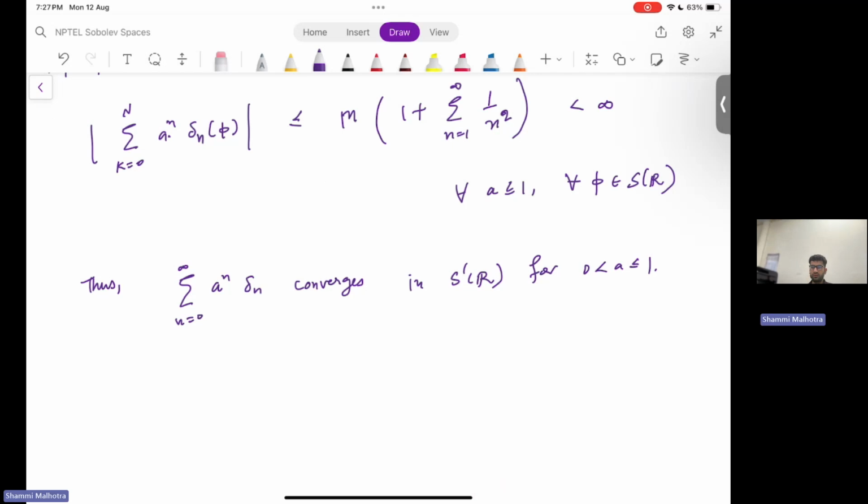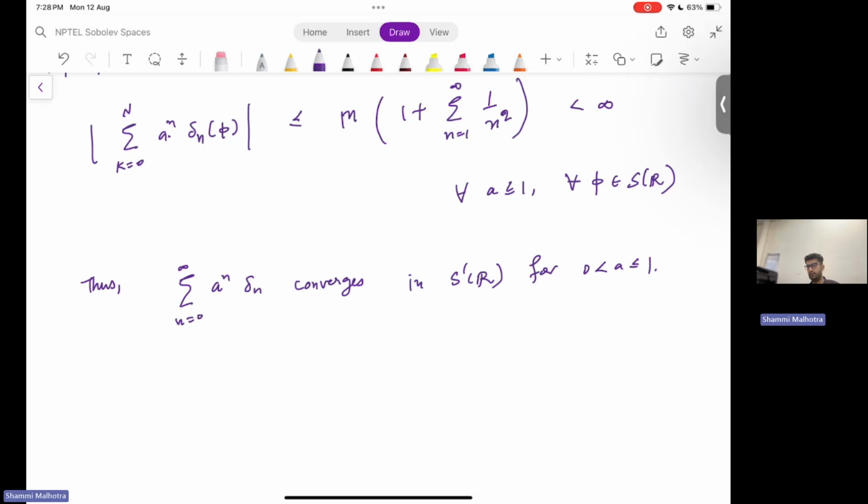As we also know, when we talk about convergence in S'(R), this is nothing but weak star convergence, so I have to check at individual phi only. So that gives the convergence for the case whenever a is less than or equal to 1.